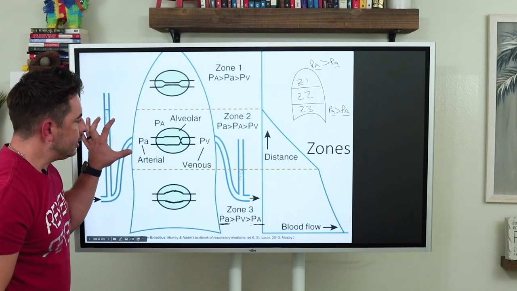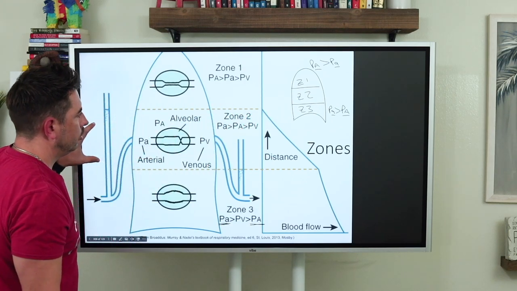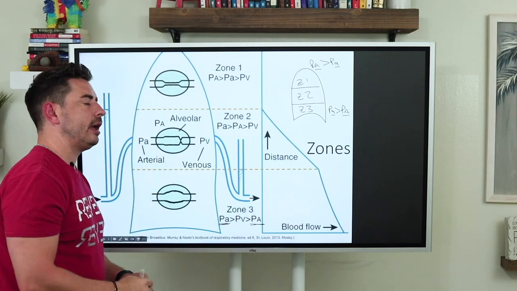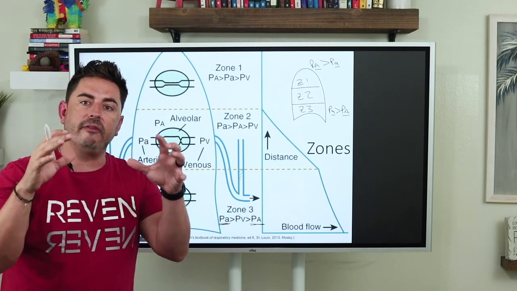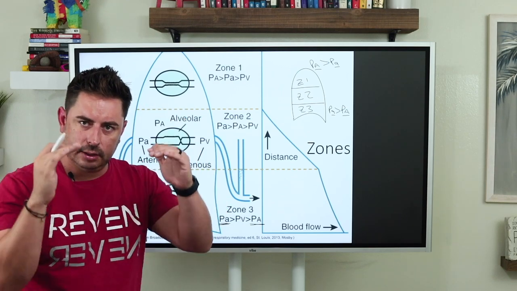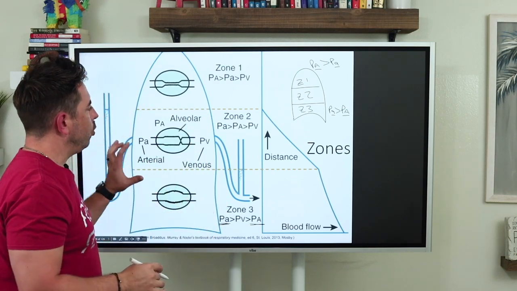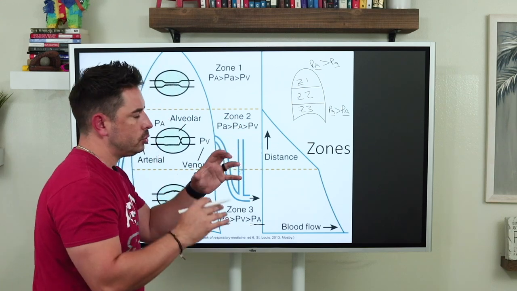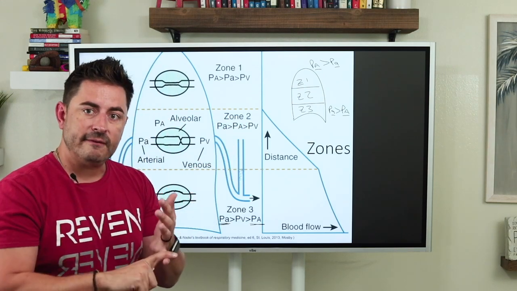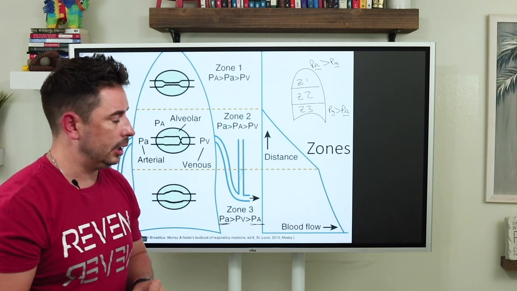Now when we get to zone 2, we have a lot of discrepancies because you have alveolar pressure and you have arterial pressure that kind of fluctuate. So when we look at zone 2, this is where we get so many changes in ventilation to perfusion.